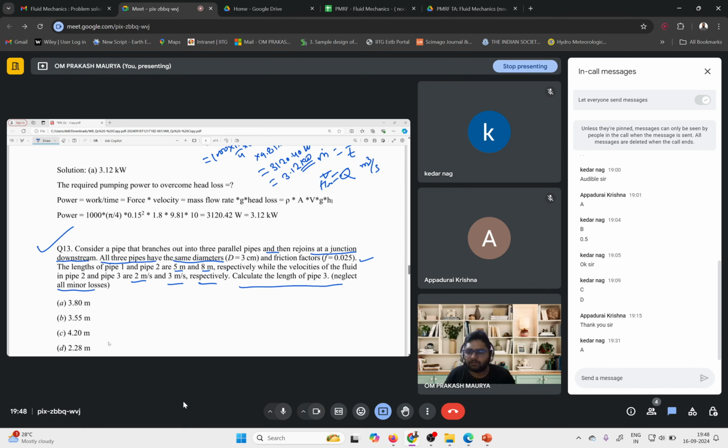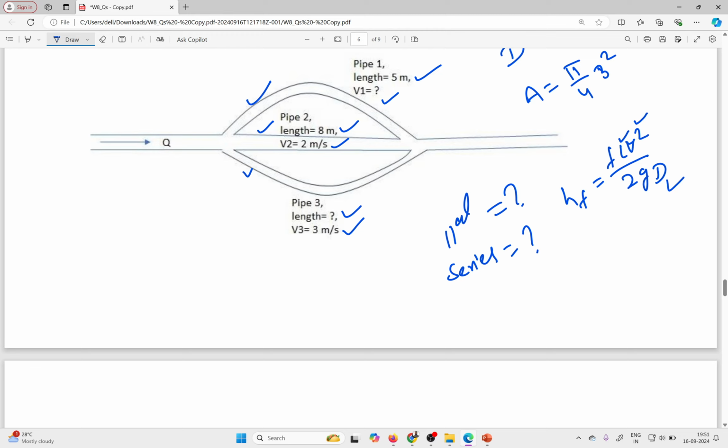So you have two unknowns, first the velocity and second the length, so you need two equations. The first equation is L1 V1 square equal to L2 V2 square, since f and 2gD cancel out and D1 equals D2. So L1 is equal to L2 times (V2 by V1) whole square.